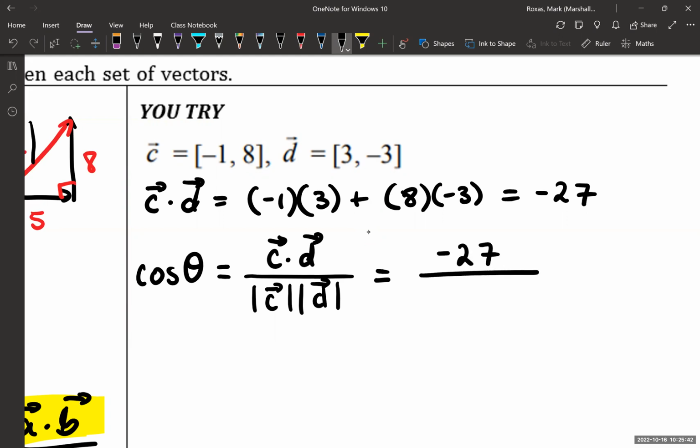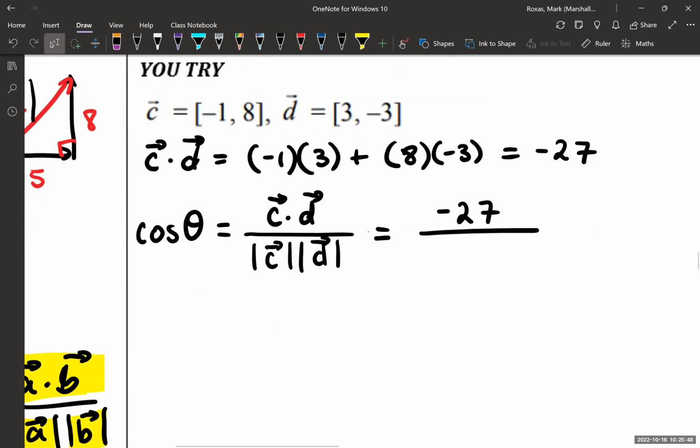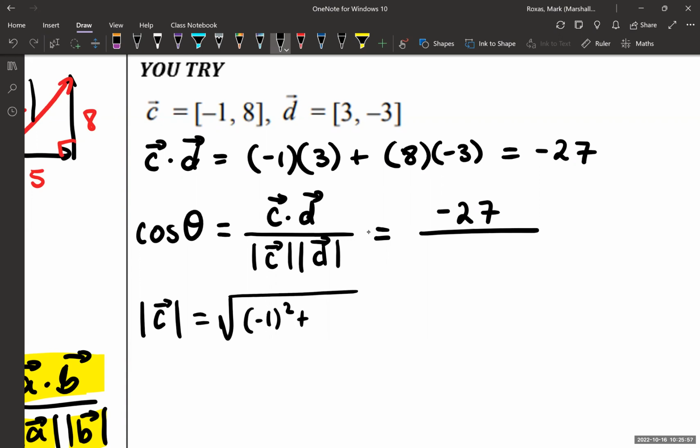And on the bottom for C and D, I'm going to have to apply the Pythagorean formulas once more. For C, the magnitude of C is equal to the square root of -1 squared plus 8 squared. Those are the legs of the triangle for vector C. That equals 1 plus 64, which is 65, so the square root of 65.